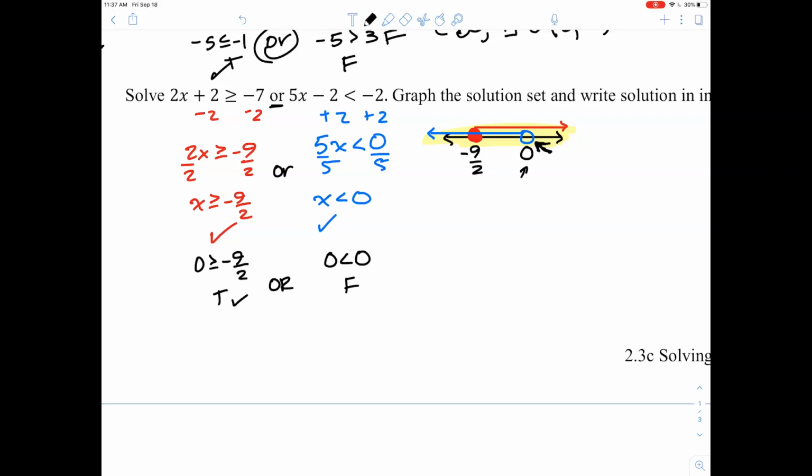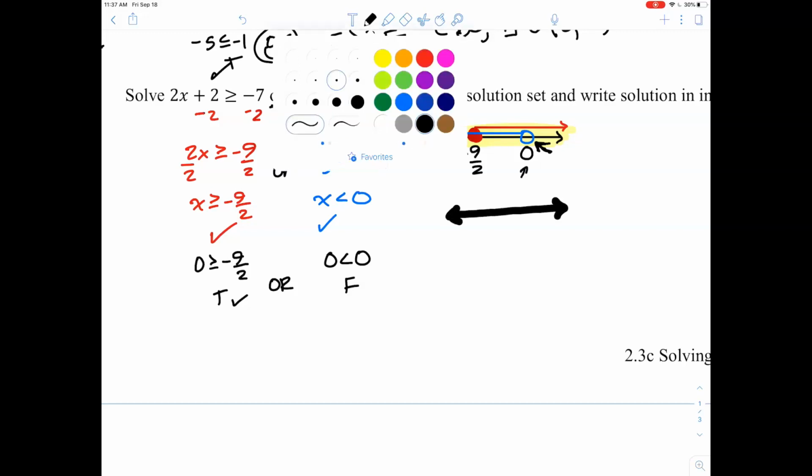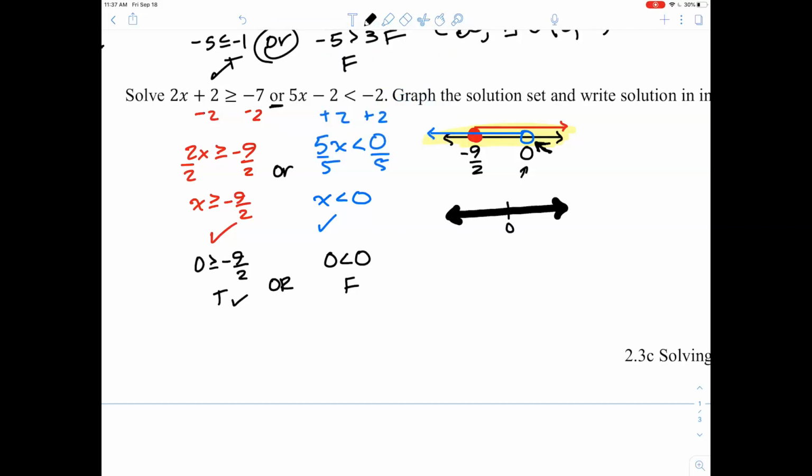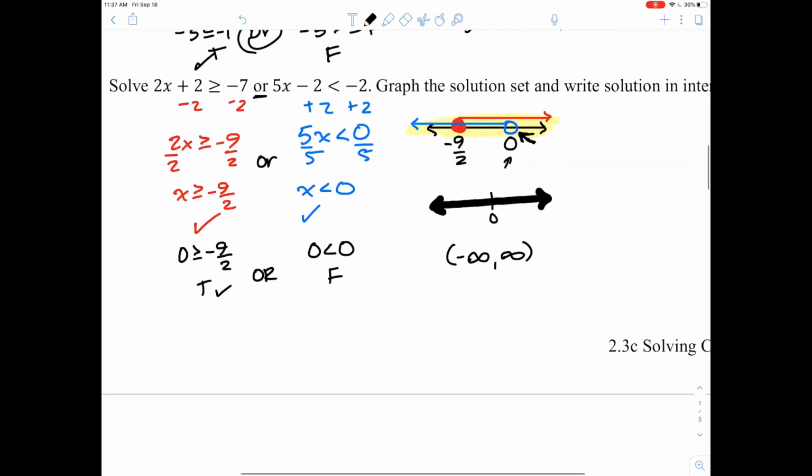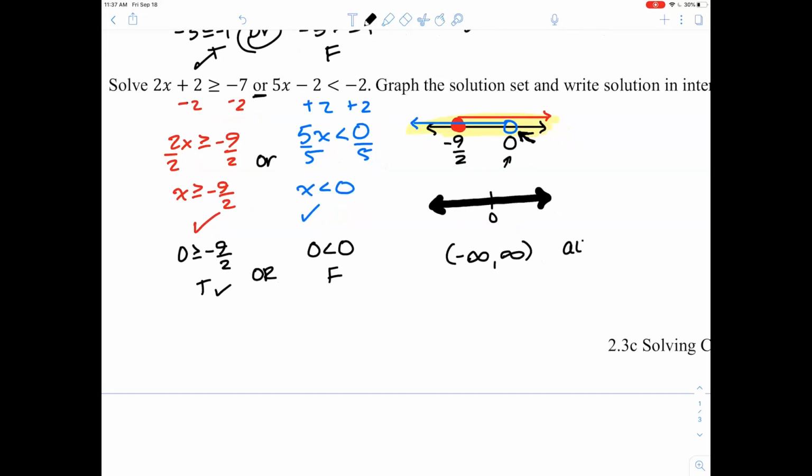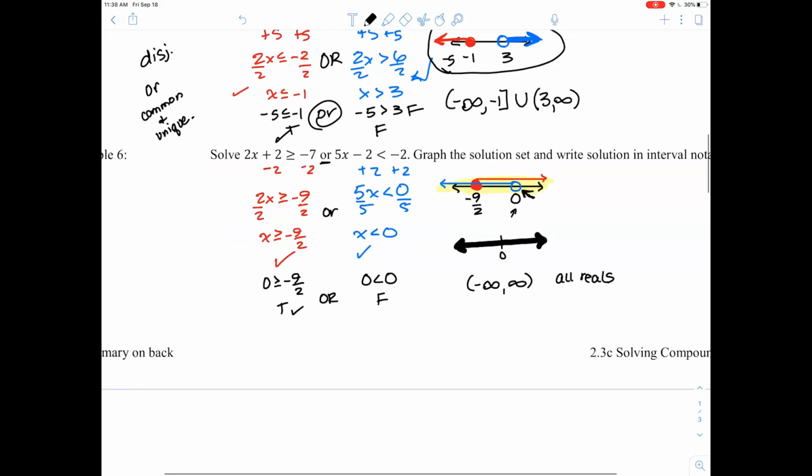And so your solution would look like this. On a number line, it would just be the entire number line. If I had to graph my solution, it would look like that. In interval notation, like that. In Canvas, you may have to type in all reals, okay? And so there you go.